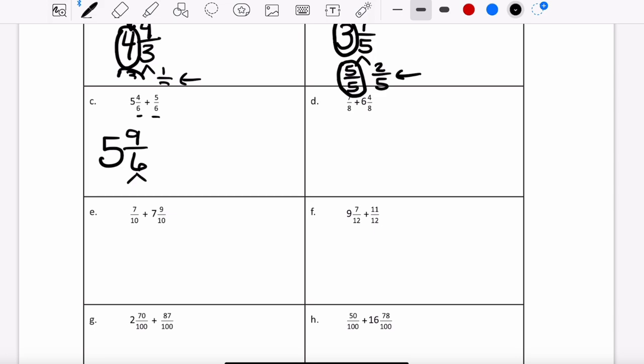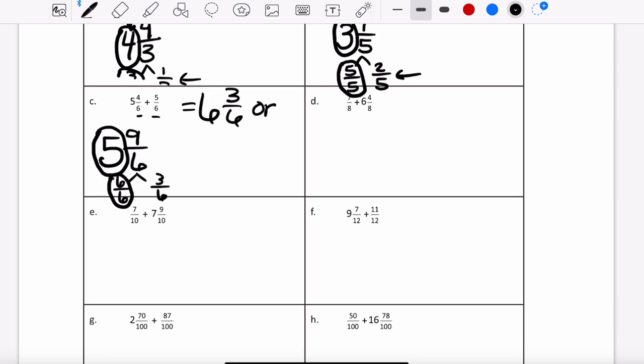So we would have 6/6, and we would need 3/6 to get to 9/6. So we take our 5 wholes plus 6/6, which is 1 whole. 5 plus 1 is 6 wholes, and we would have 3/6 left.